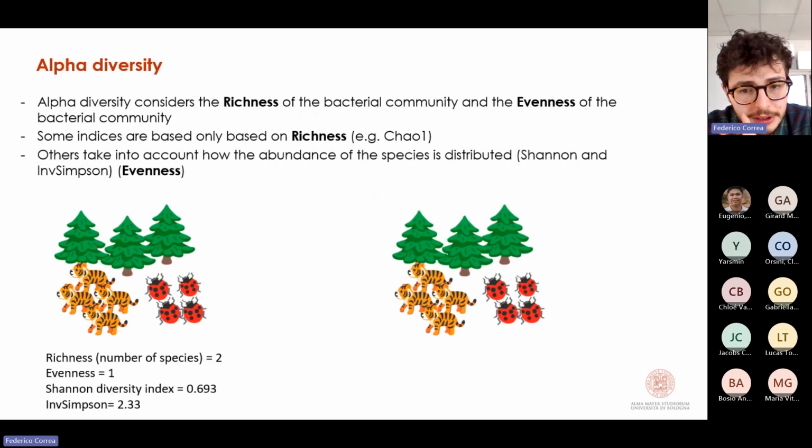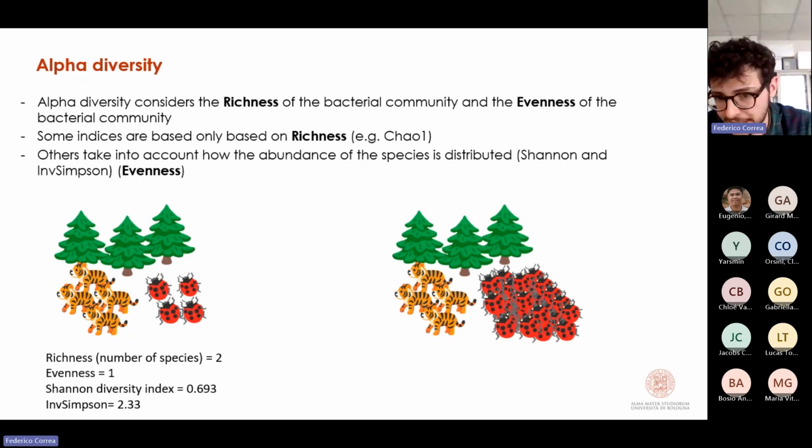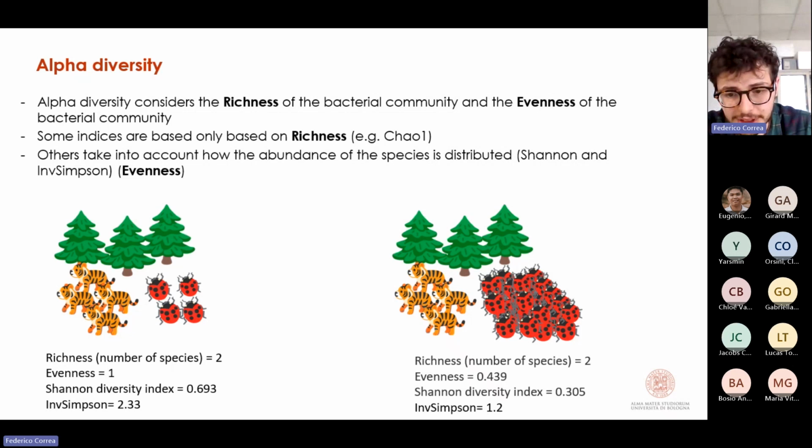For example, here in this example, richness is always 2 because we have just tigers and ladybugs, and there is a perfect balance in the population. While if you consider the spread in the ladybugs that we talked about, the richness is always the same because we have 2 types of, I would say, animals and insects, but the evenness changes.